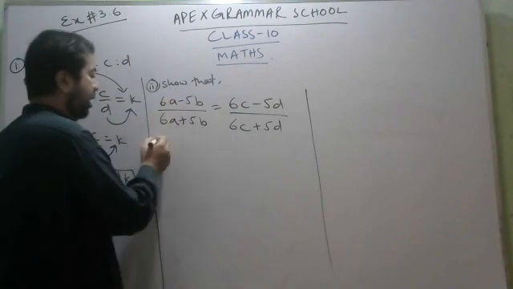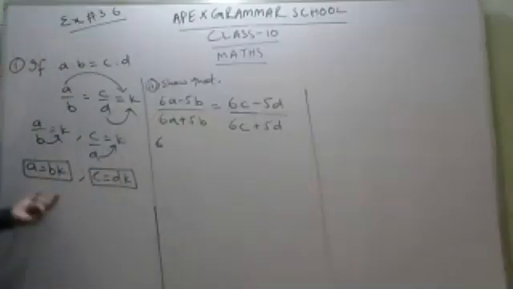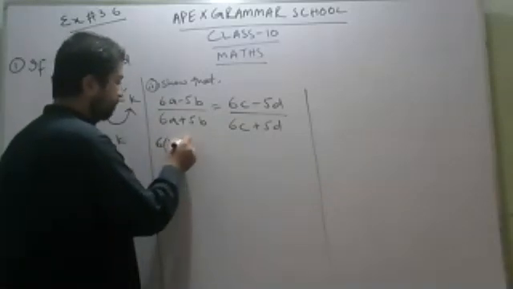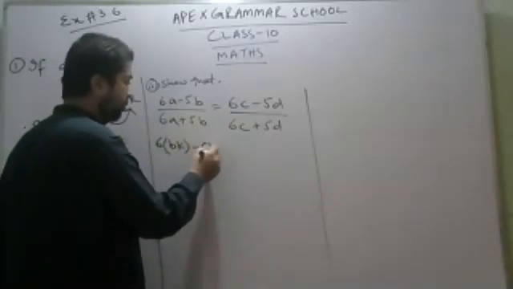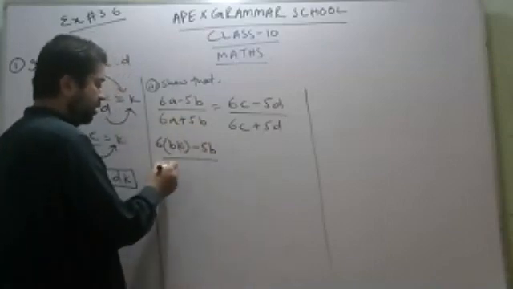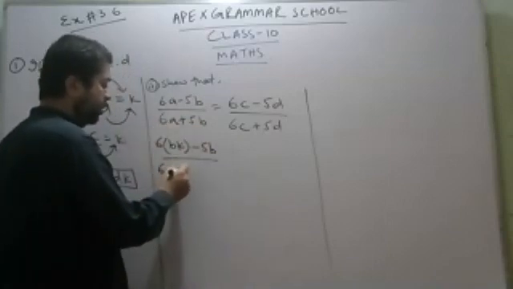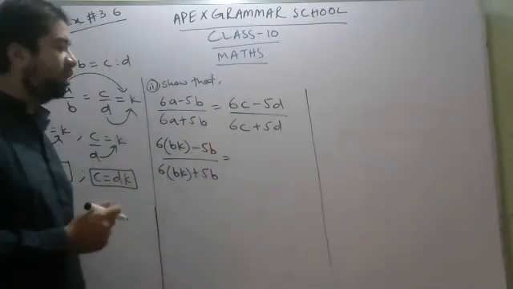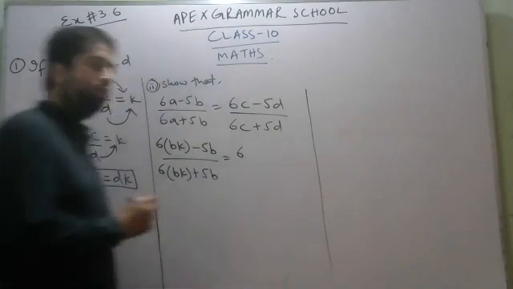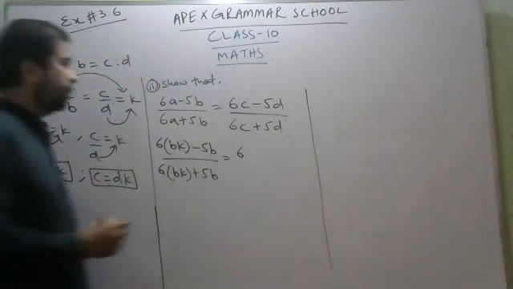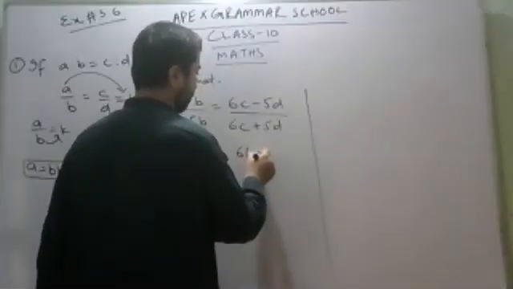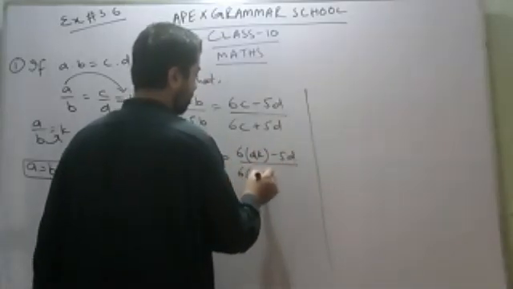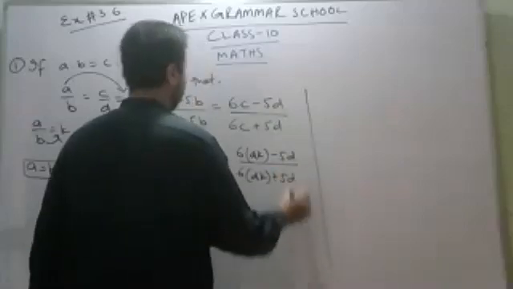Put the value of a. Rather, you need to put the value of a, that is bk, minus 5b. And then again 6, then the value of a, that is bk, plus 5b is equal to, for the right hand side, 6 times the value of c, that is dk, minus 5b over 6 times dk plus 5b.